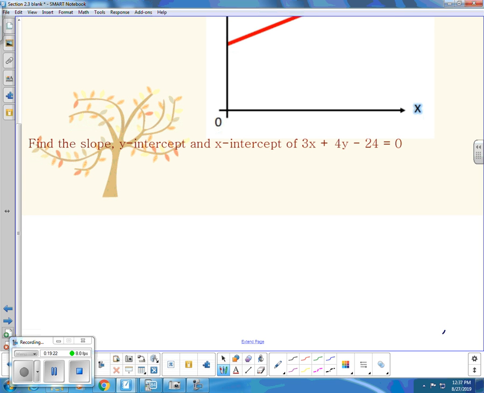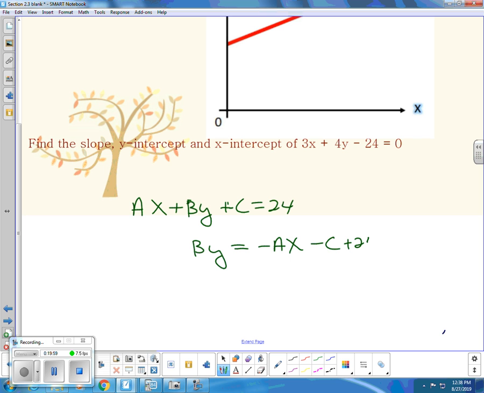We want to find the slope of this line. We do not want to have to rewrite it in y equals form. It's a lot of work. But mentally, let's just do it in general here, so we never have to do it again. If I were going to get the y by itself, what's the first thing I have to do? I got to move the a and the c over, right? And then what would you have to do?